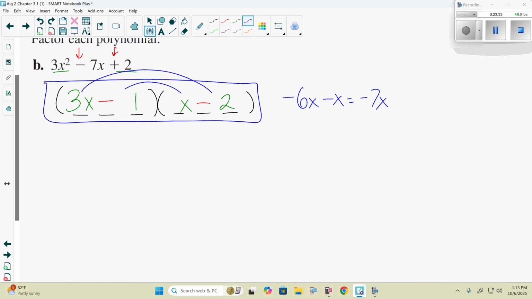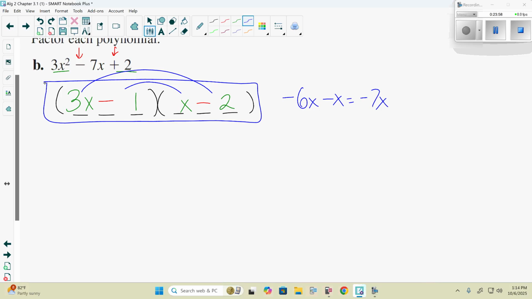Because if you notice this here, our middle terms kind of keep the signs. Since they're both negative, we combine and we get a negative number, yes? That negative times a negative gives us a positive. So that's why this works. That's why the sign stuff works. If the third term's positive, the signs have to be both negative, because a negative and negative multiply together to give us positive.